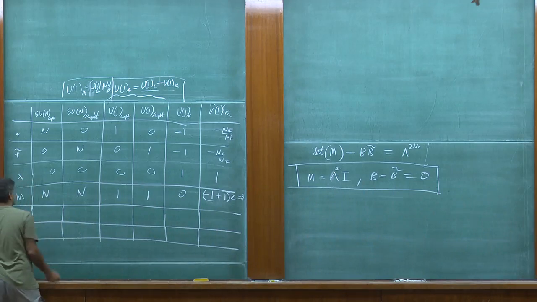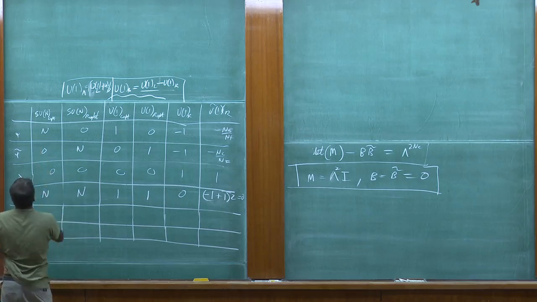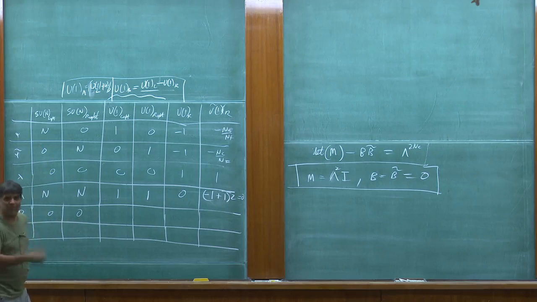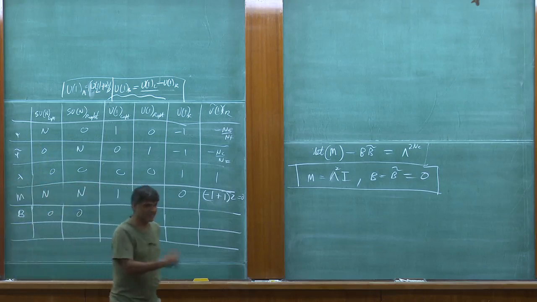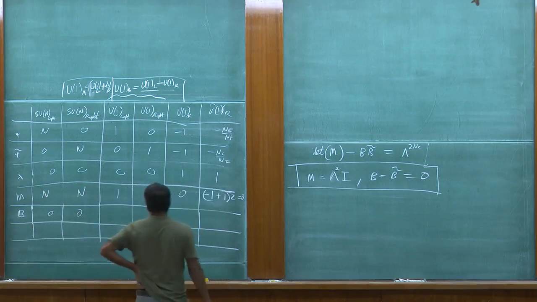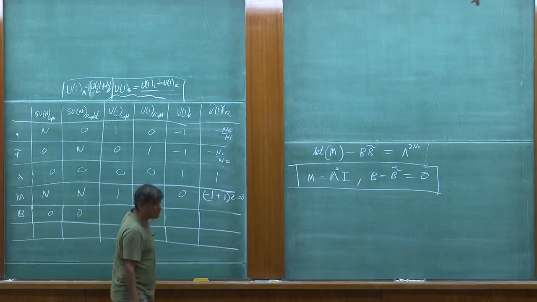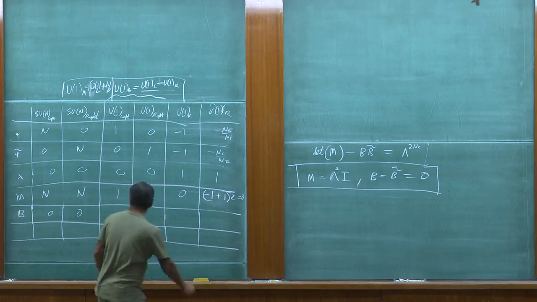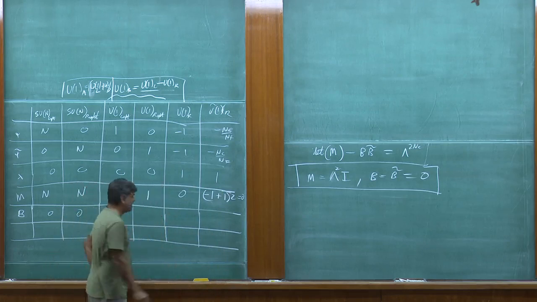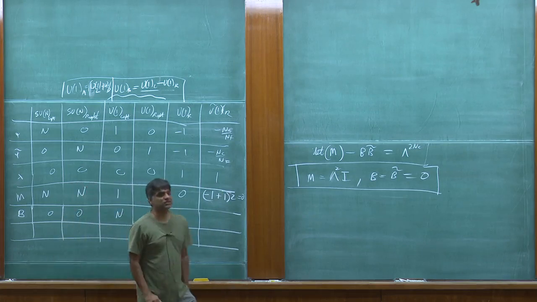Okay. So B was what? B doesn't transform under any of the non-abelian things because of the epsilons. Under U1 left, it was a product of n quarks, so its charge is n. Under U1 right, it's a product of n quarks, so its charge is n.